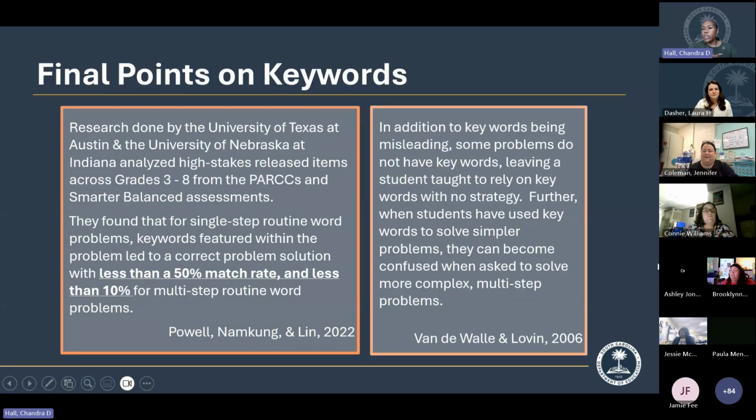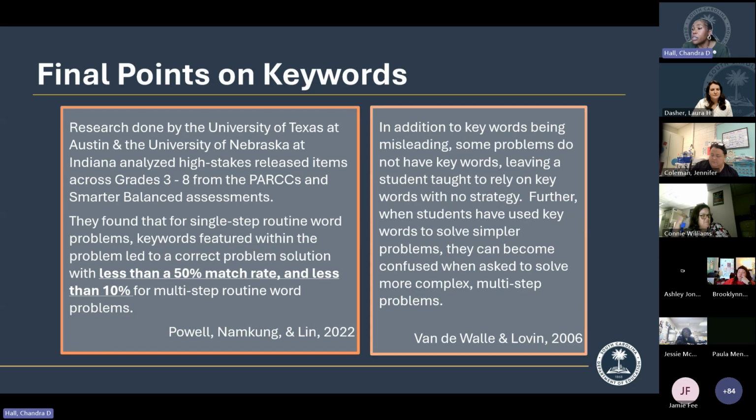Final points on keywords. Research done by the University of Texas at Austin and the University of Nebraska analyzed high stakes release items across grades 3 through 8 from the PARCC and Smarter Balanced assessments. They found that for single-step routine word problems, keywords featured within the problem led to a correct problem solution with less than a 50% match rate, and less than 10% for multi-step routine word problems.